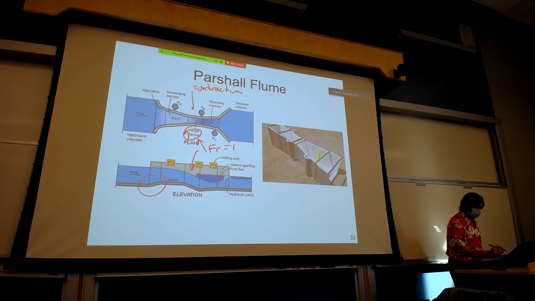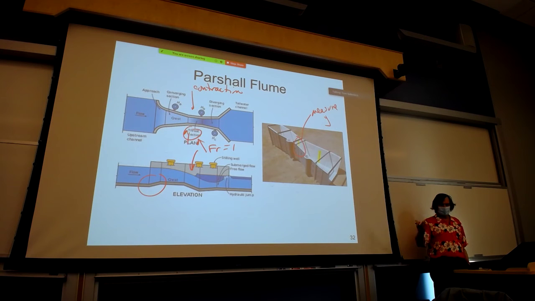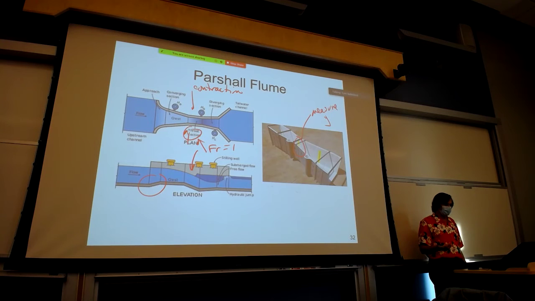And when you know that, if you look in this flume, you measure the depth of flow, and again, with a very simple equation, it then translates into discharge. So again, you can put weirs and flumes in any setting you would like, and they help you measure the discharge.